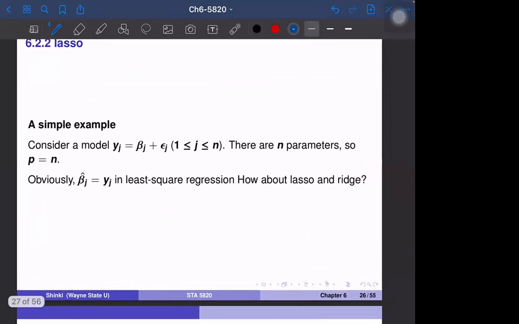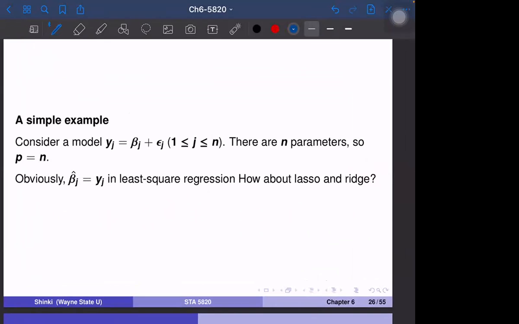Now that we have a more concrete example, let's think about almost the simplest linear model. yj is equal to beta j plus epsilon j. This is basically n parameters for n observations, a kind of trivial model.